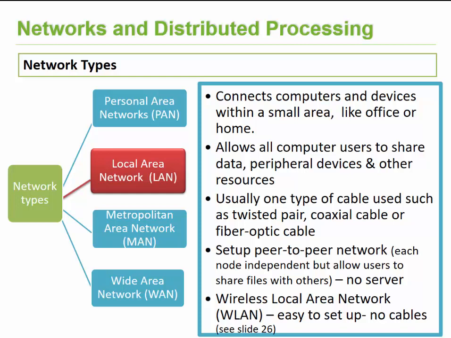In many instances we find that people that use LAN networks set up peer-to-peer networks where each node can operate independently but they can still share files with each other. No server is required, so nobody needs to take control of the network, and it's pretty much an open network that you allow for sharing information.